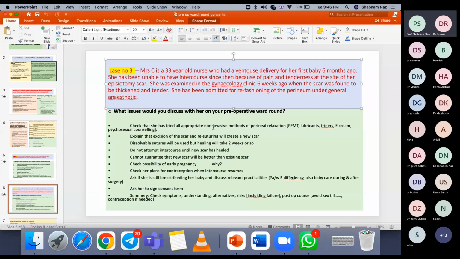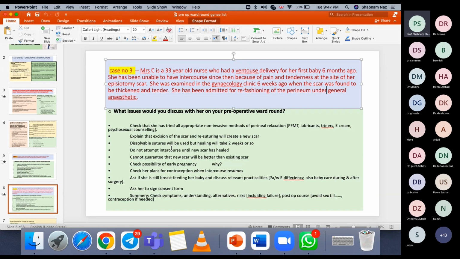So you have to check these and explain whether she received the patient information leaflet, whether she knows about the procedure, and explain that excision of the scar and resuturing will create a new scar. A new scar might be a bad scar.